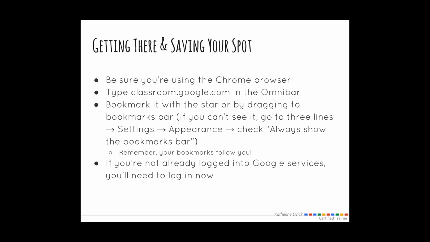So if you're using Chrome and you're logged in, you should be able to find it by going to classroom.google.com in the Omnibar. And I always suggest that people just go ahead and bookmark it with a star or by dragging it to their bookmarks bar.